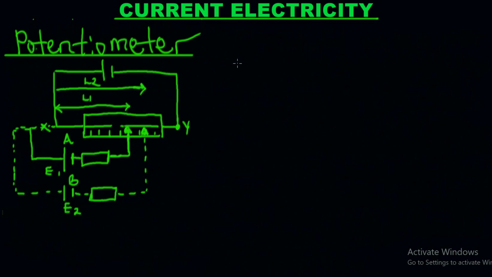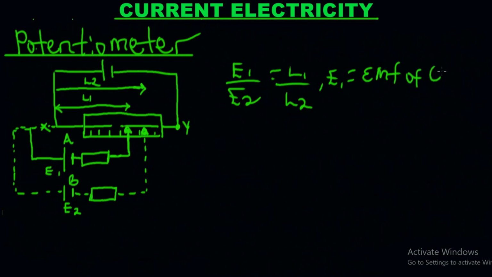And to solve questions on it, this is the formula we use. E1 over E2 is equal to L1 over L2, where E1 is equal to the E.M.F of cell A, that's the first cell.